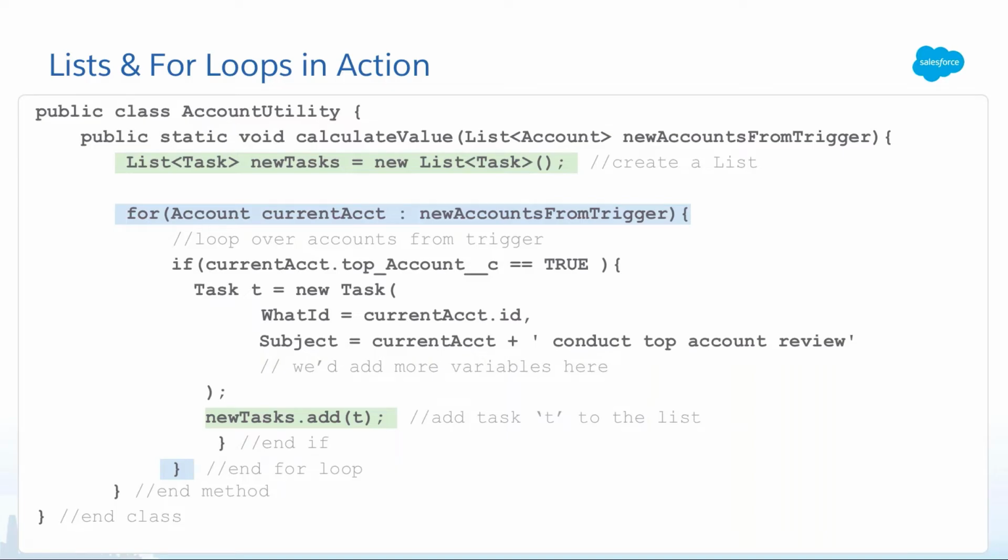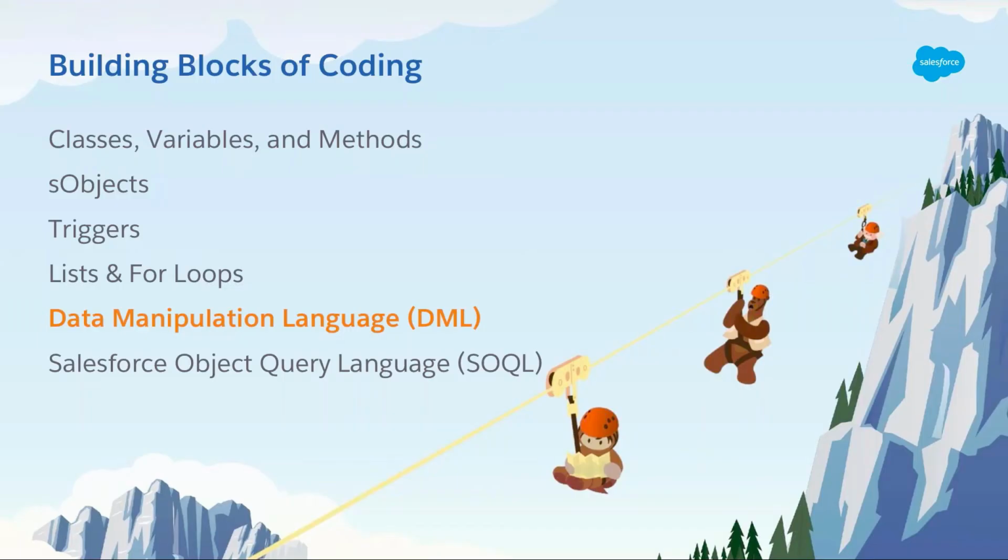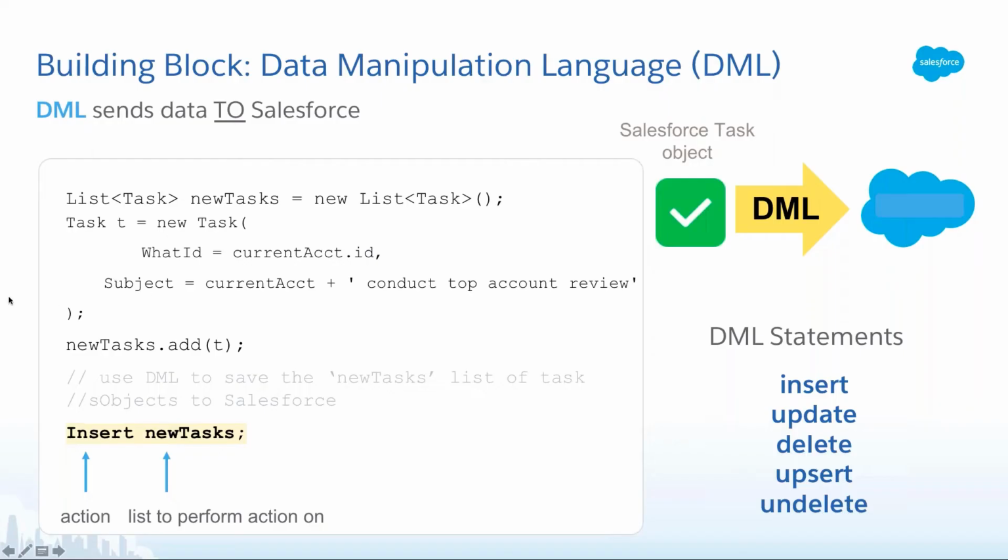And we want to be able to see what we're doing inside of our org. So to do that, we're using data manipulation language. DML, also known as data manipulation language, is the way that we update data in our Salesforce org.